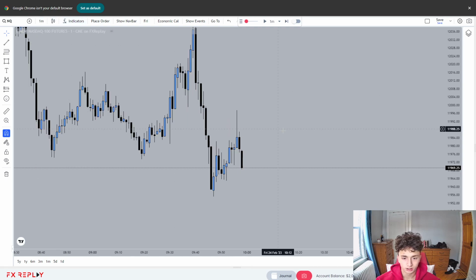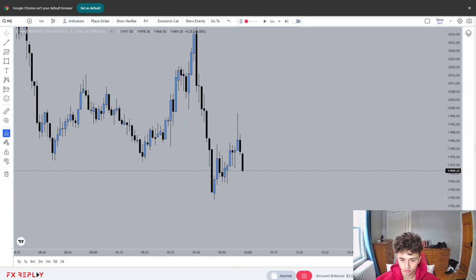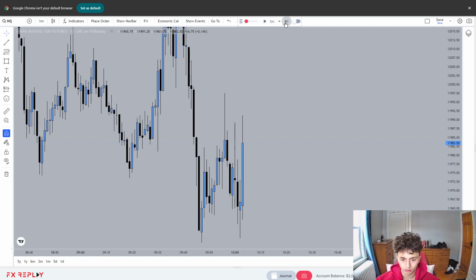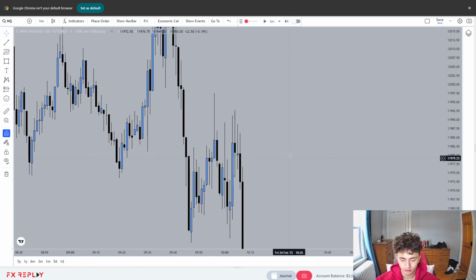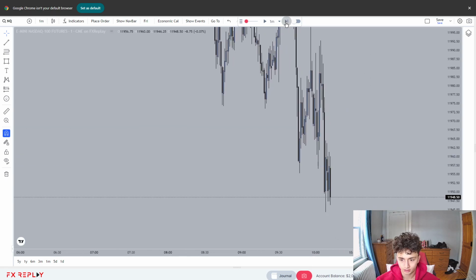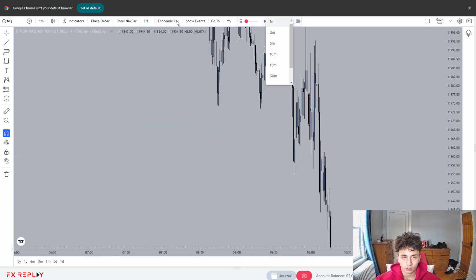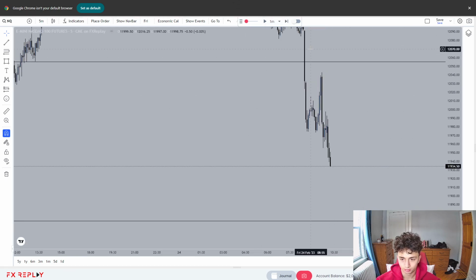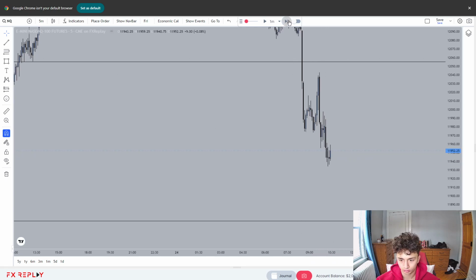Now this, there's no fair value gap on the 1 minute. I feel like it's going to expand lower. Yeah. My bias is correct, but I just didn't like that we swept out those lows.